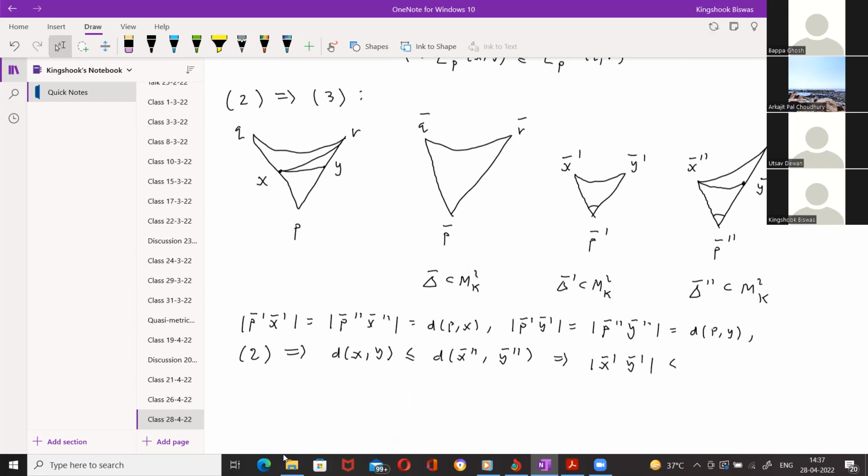So the distance X bar prime, Y bar prime is less than or equal to the distance X bar double prime, Y bar double prime, right? That means that this angle is smaller than this angle, right?